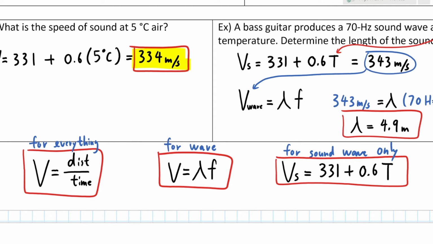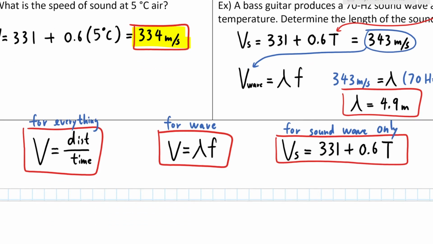Now, that means if you're working on sound wave, there is actually a possibility that you have to use more than one of these equations, because sound wave, of course, satisfies the last equation for sound wave only, the second equation for any wave, and the first equation for anything.